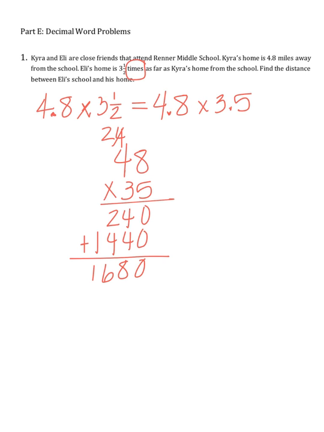Then we go back to our original factors to count decimal places. We have 1, 2 decimal places, so we count in from the right in our product, 1, 2, to get 16 and 8/10. So in the end, the distance between Eli's school and his home is 16 and 8/10 miles.